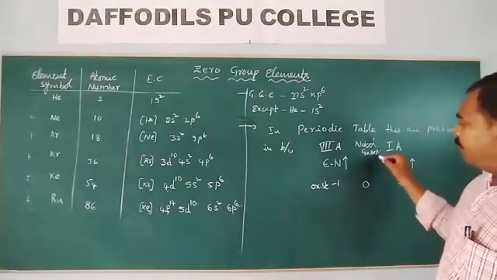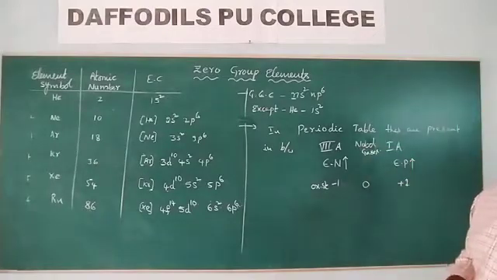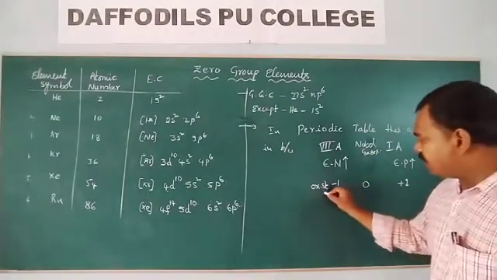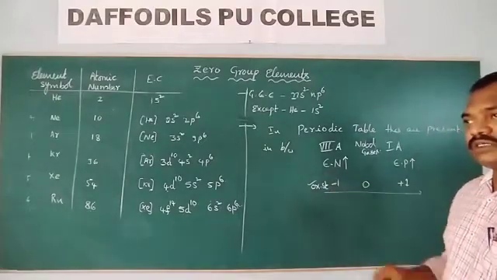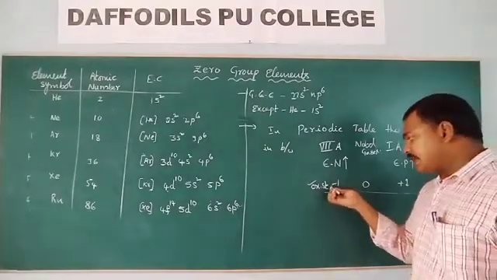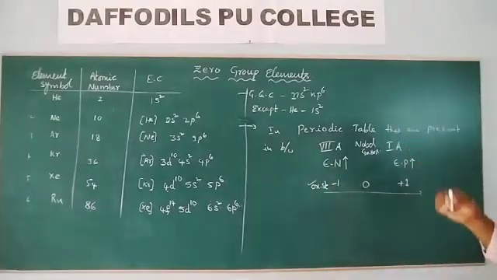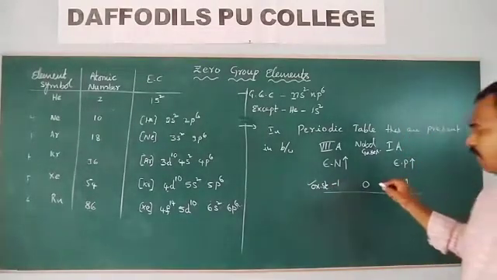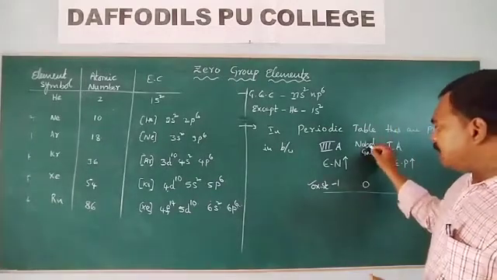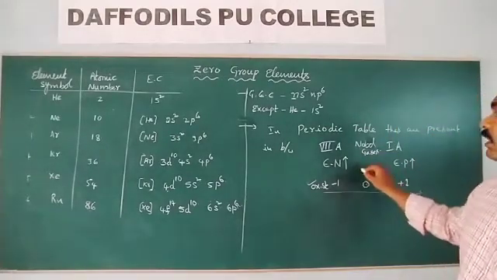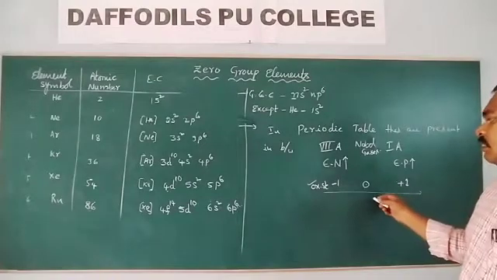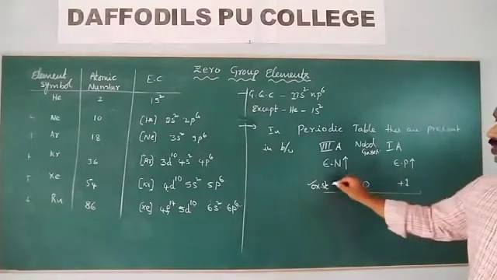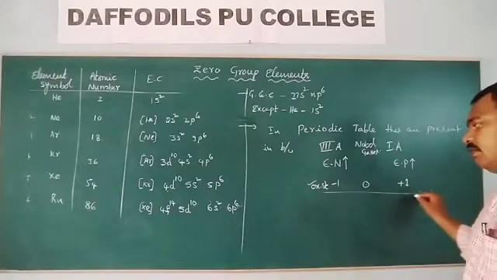To represent the gradual change in the properties, here the property is oxidation state, they placed the zero group elements in between seventh A group elements and first A group elements, so that we can observe the change in the oxidation state in a gradual manner.